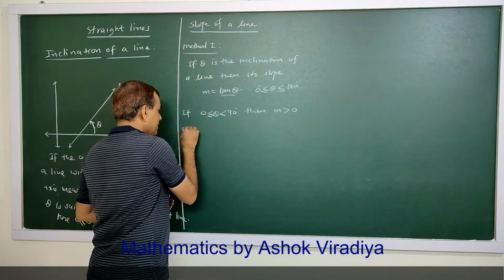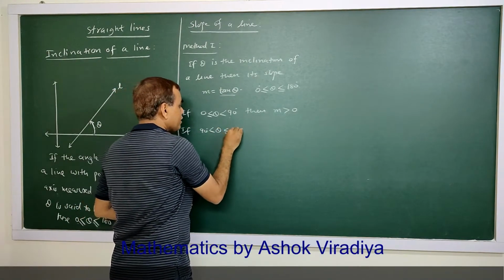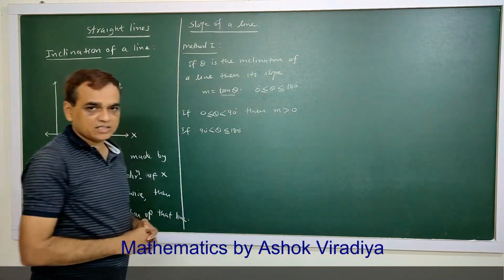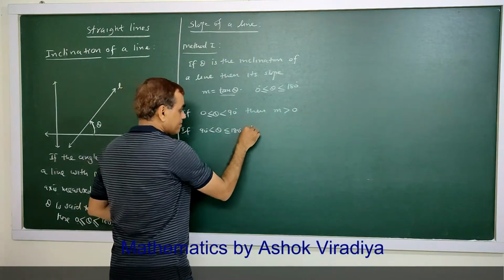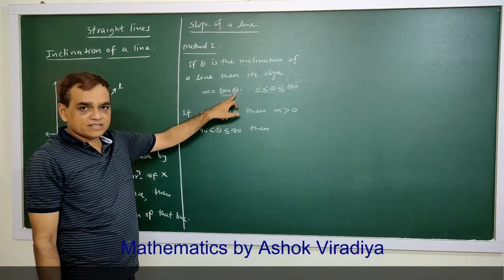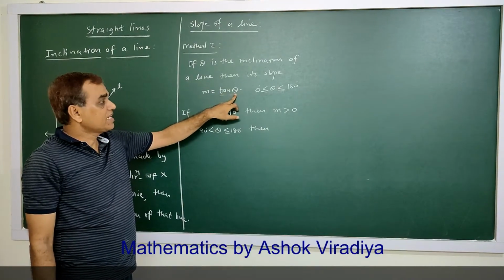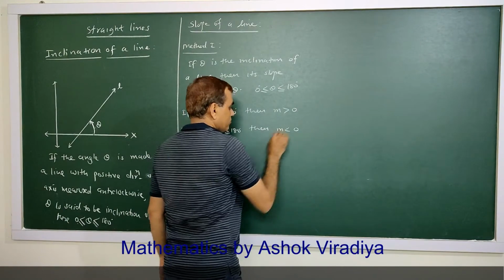And if theta is more than 90 and less than or equal to 180, meaning theta is an obtuse angle, belonging to the second quadrant, then tan theta is negative. So in that case, m is negative.